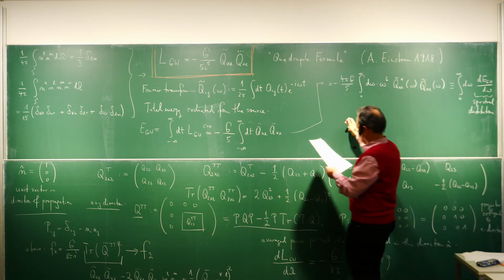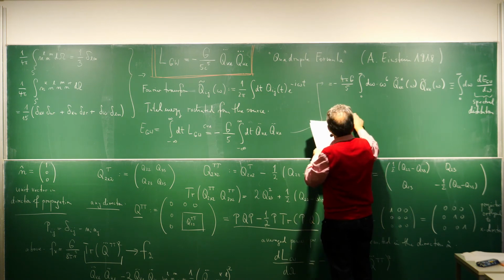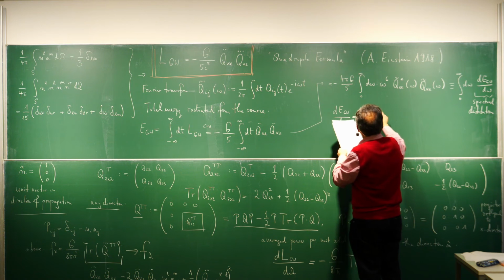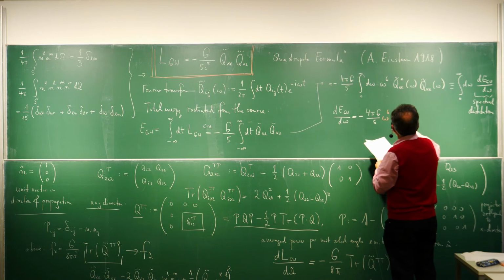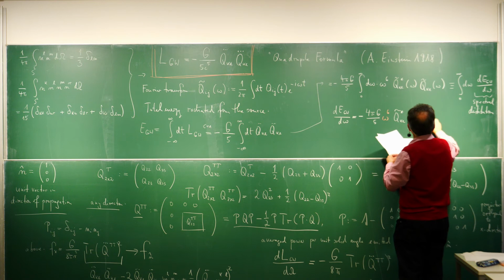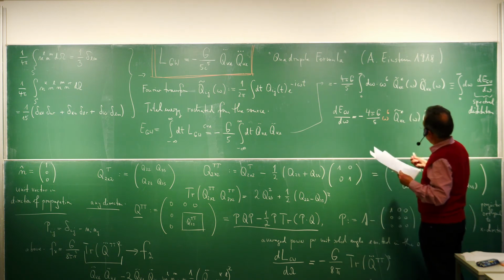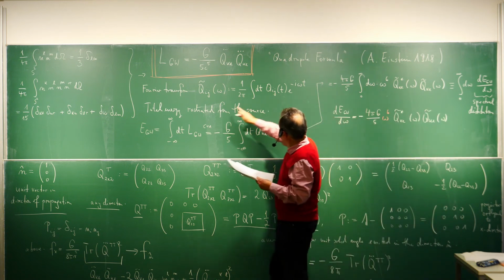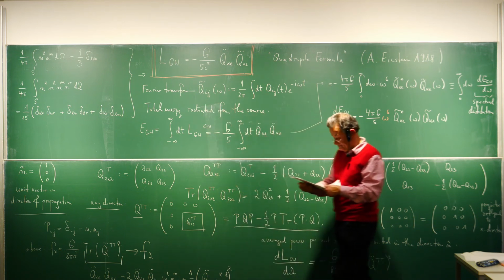And this spectral distribution, we directly read off from here, which is then minus 4 pi G over 5, and then we have this omega to the 6, and then Q tilde_kl star of omega Q tilde_kl of omega. The star is the complex conjugate, and even if Q is real, because of the e to the minus i omega t, this here is complex.